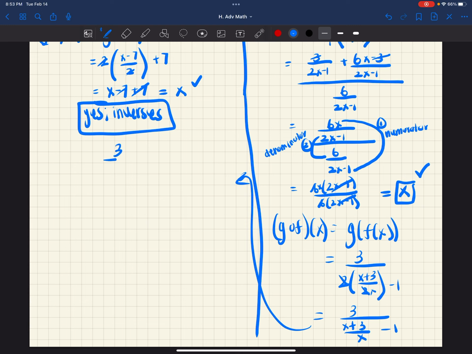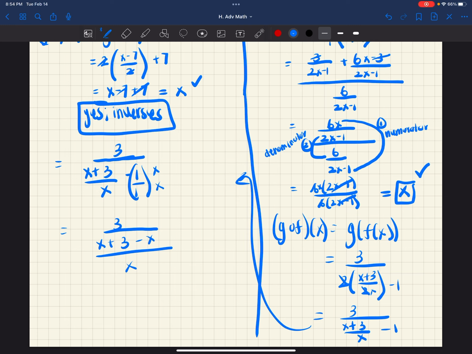So this would be 3 over x plus 3 over x minus 1. And then I could put this as 1 over 1. I need to get a common denominator, so I would multiply the top and the bottom by x. So this would be 3 over x plus 3 minus x over x.